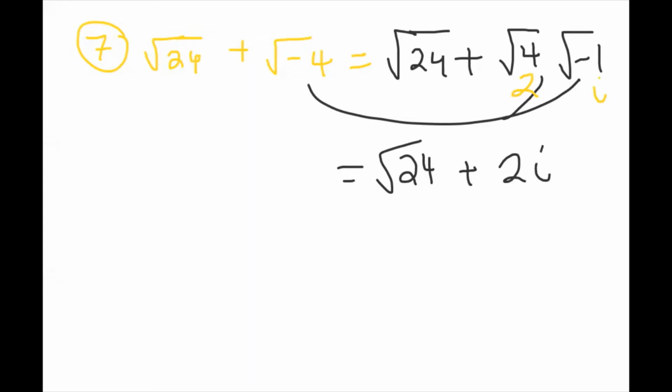We're not finished, even though it looks nicer than before. We need to do the prime factorization of 24 in order to simplify the square root of 24, because 24 is not a perfect square.